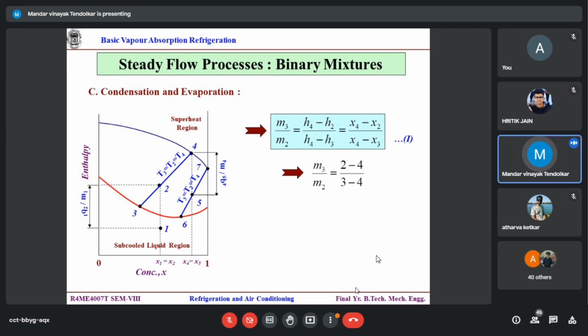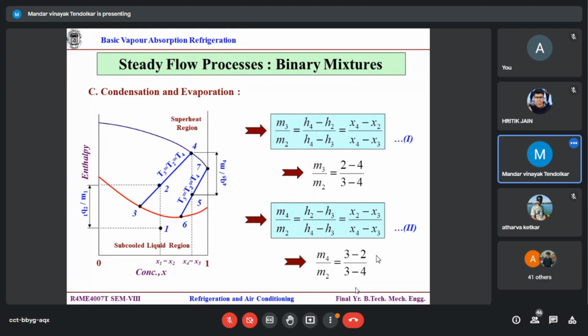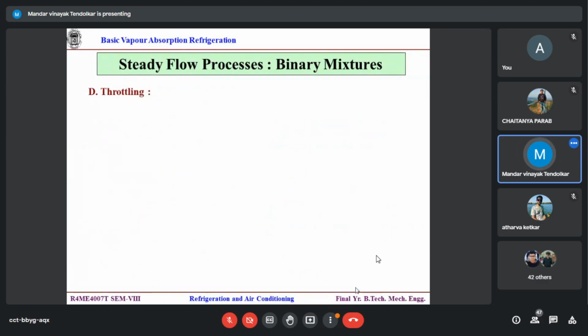So 2,4 divided by 3,4 is the total part. 2,4 relates to your vapor part, and 2,3 will be your liquid part. This is the same thing which we had done for the adiabatic mixing process. Lever rule and crossway.